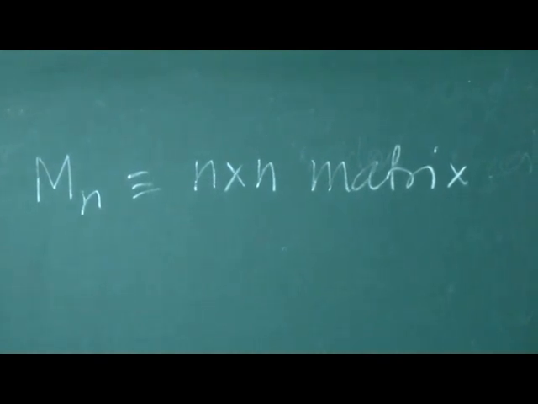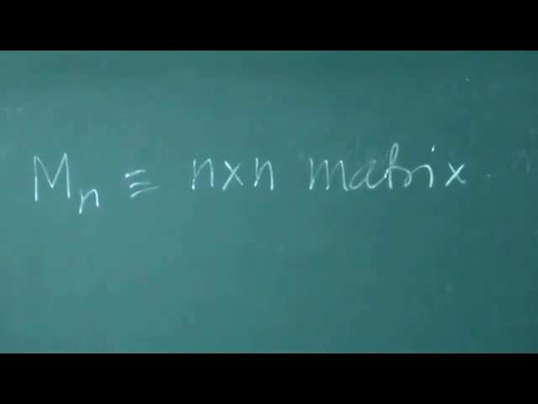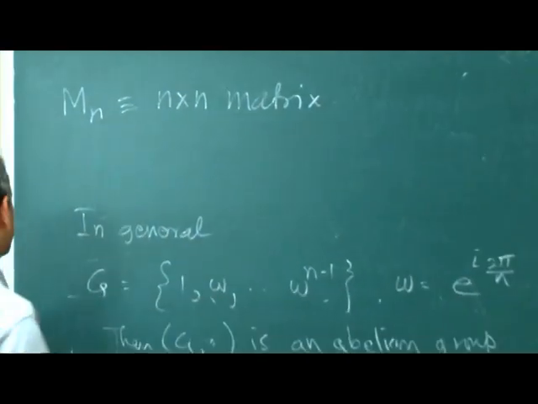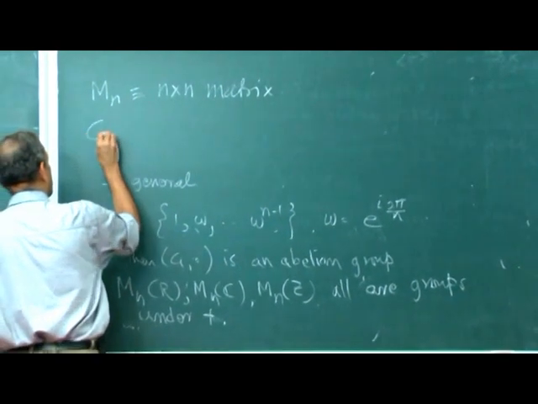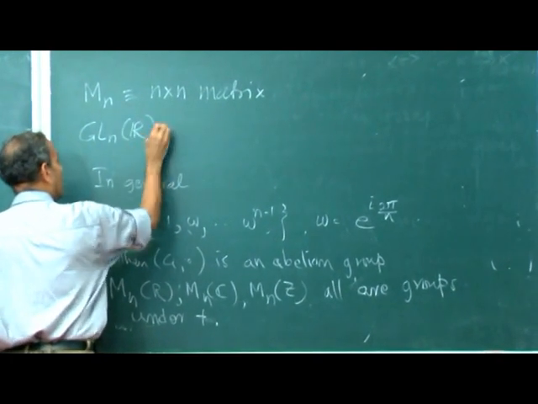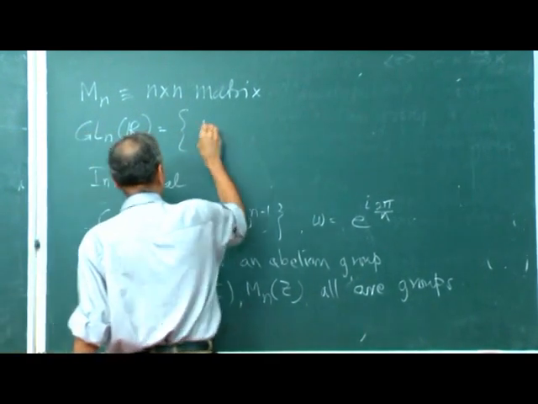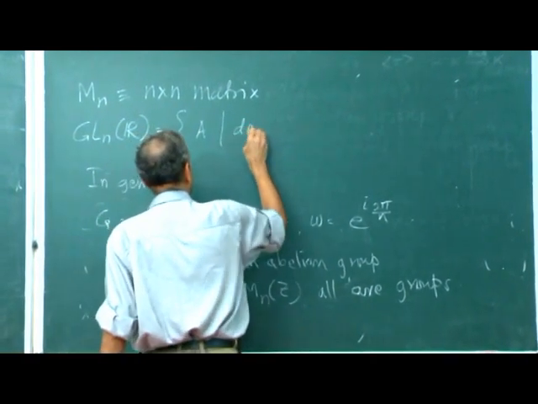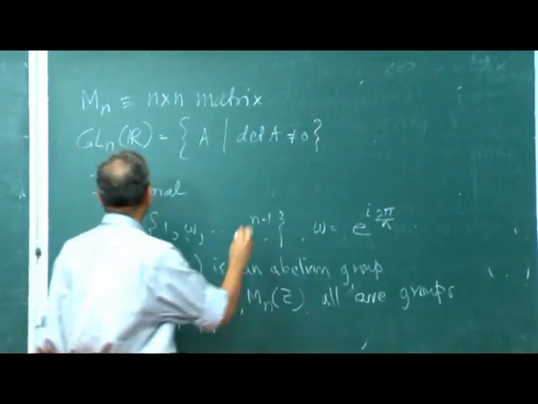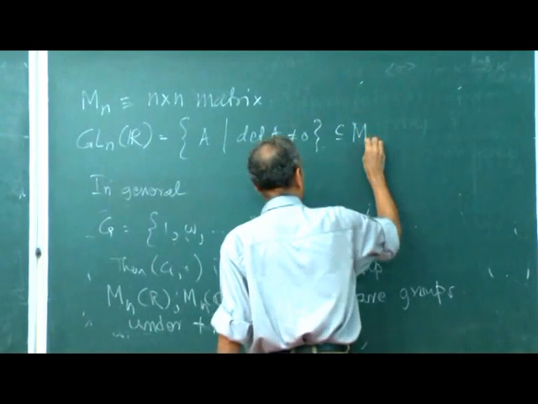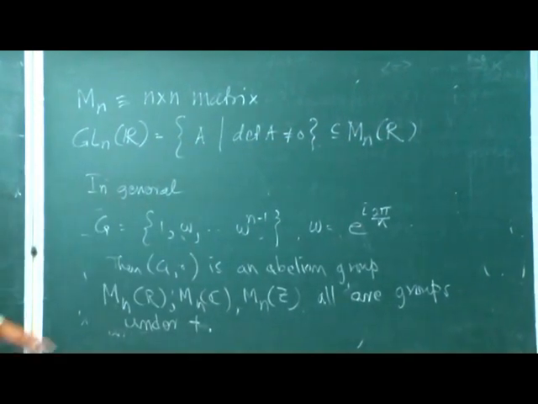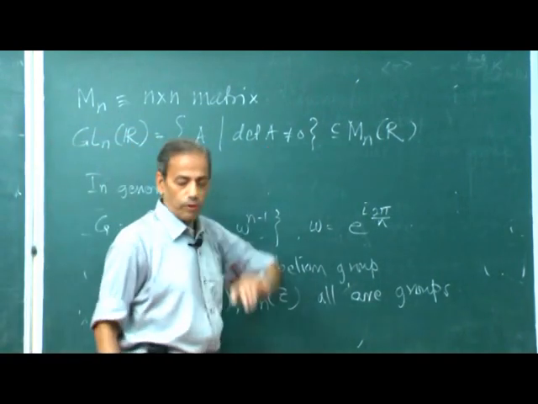So we pick out only those matrices which are invertible, then it becomes a group under multiplication. So consider the set of A such that determinant of A is not 0. So this is a subset of Mn(R), the n by n matrices.